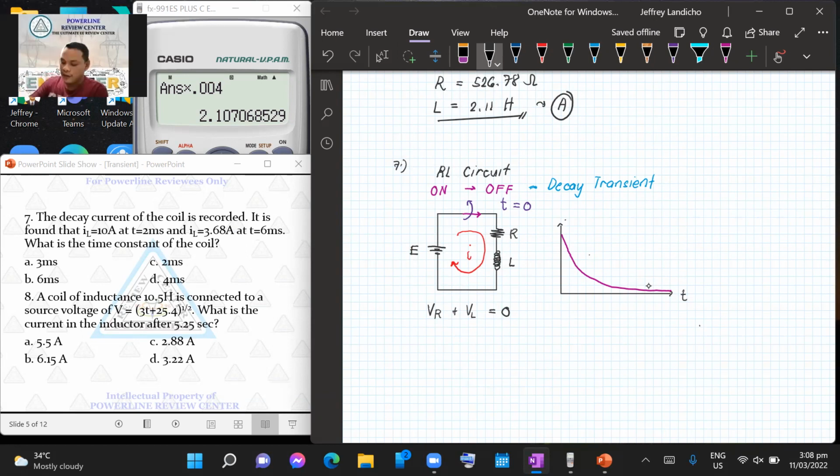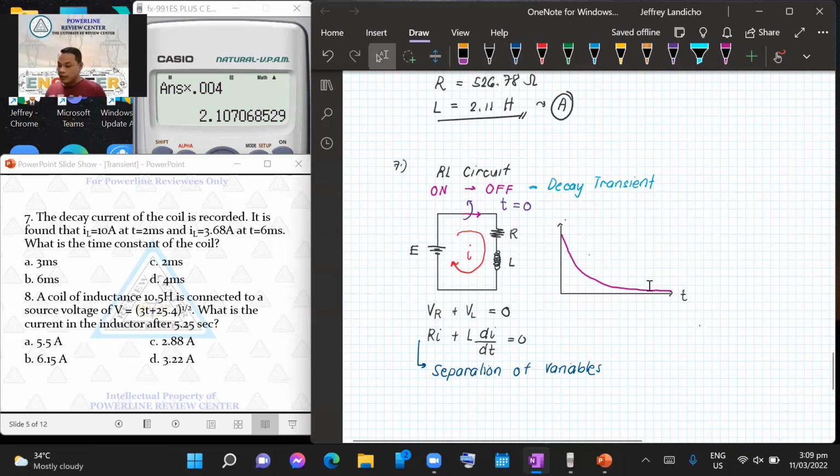We already know the equation of the voltage drop across R, that is R times I, and L di over dt for our VL, equal to 0. So again, we have a differential equation. We will solve this using separation of variables. Separate the variable I and t.